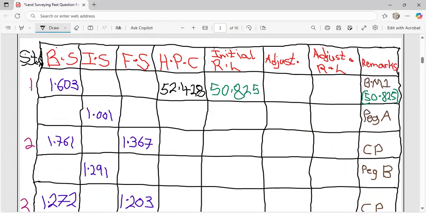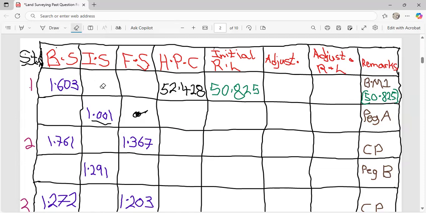That is the only HPC we know at the moment. So if there is no foresight over here, then it means that we have to subtract the intermediate sight from the HPC to get the next initial reduced level.